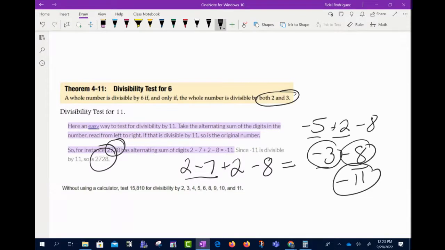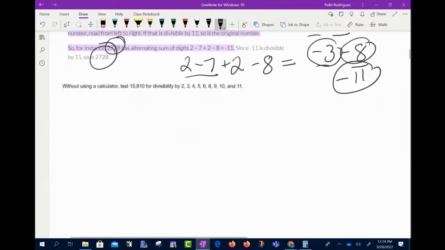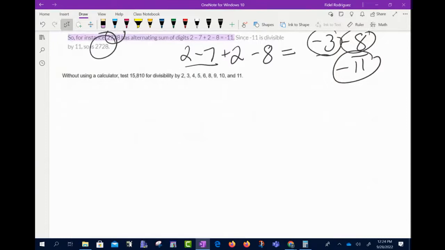So this problem here says, without using a calculator, test the number 15,810 for divisibility by 2, 3, 4, 5, 6, 8, 9, 10, and 11. Okay, so let's see if we can figure this out. First thing I'm going to check is to see if it's divisible by 2.